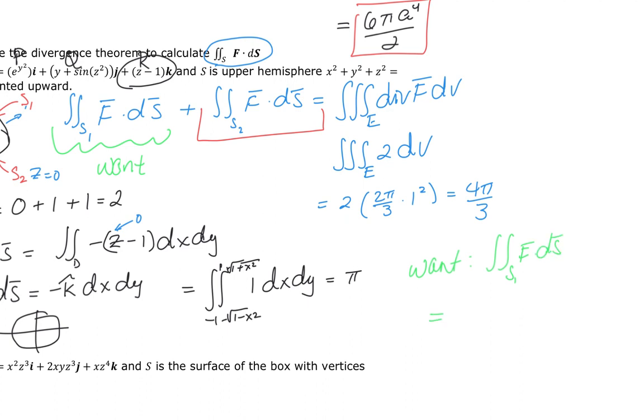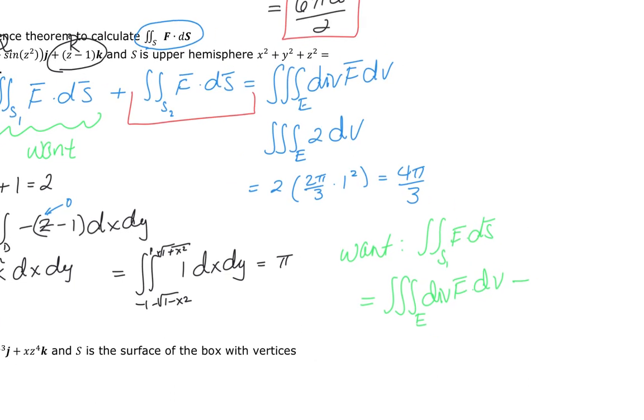Well, this is going to be equal to the triple integral over this solid region E of the divergence of F dV minus, in this case, the surface integral over the disk of F dotted with dS. And so this is just going to be 4 pi over 3 minus pi, and my answer is pi over 3. And there is my answer.